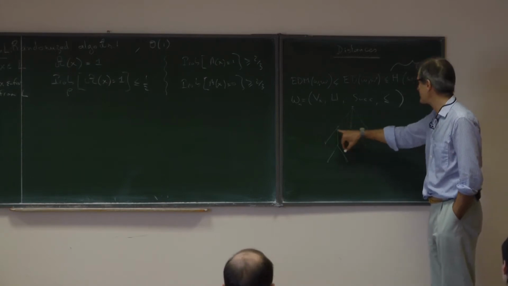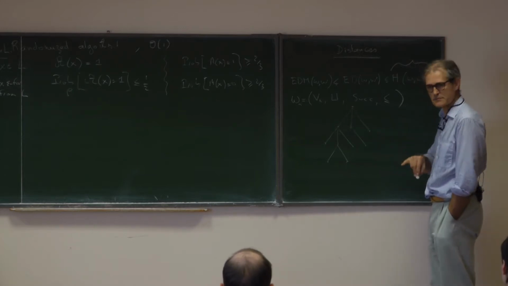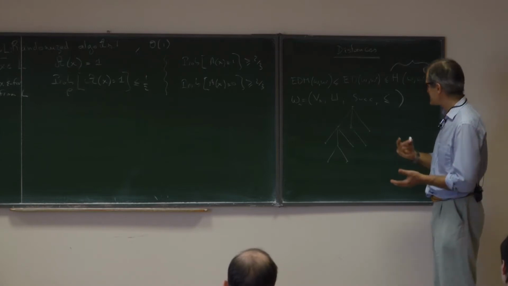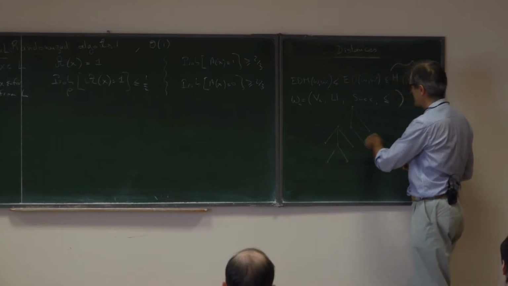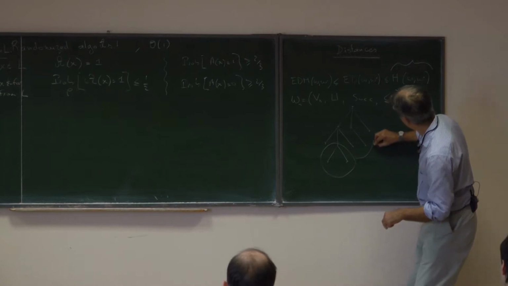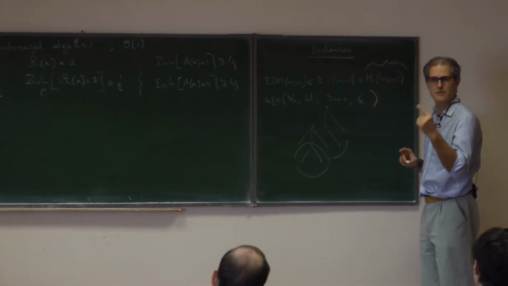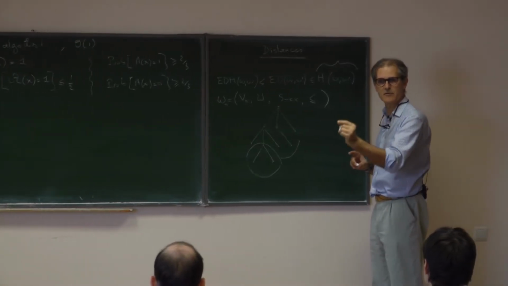Ordered means you have a first successor, second successor, third successor for this node. You edit by removing edges or adding edges, and the move is moving, for example, this subtree there. That's equivalent to a move in one. So the cost is 1. So the cost of an edit is exactly the cost of a move.